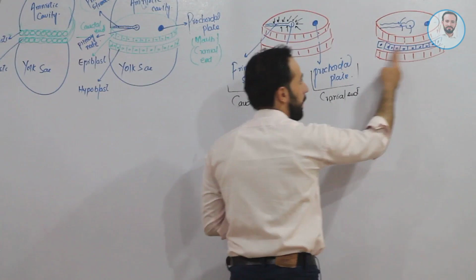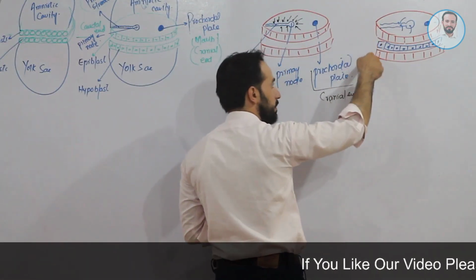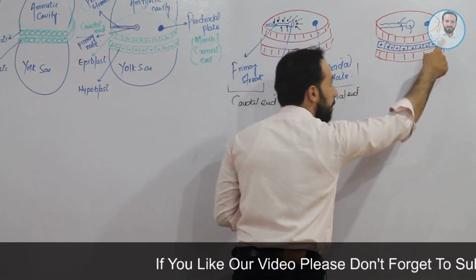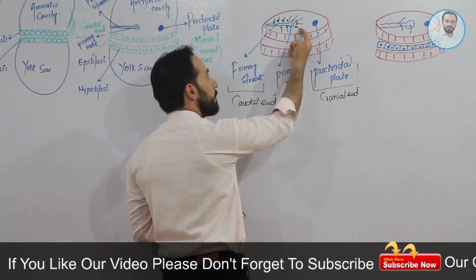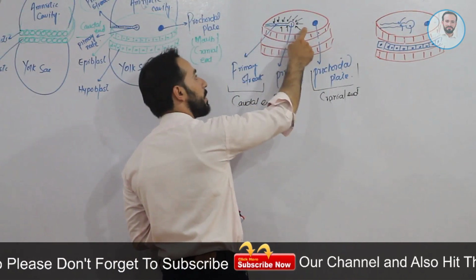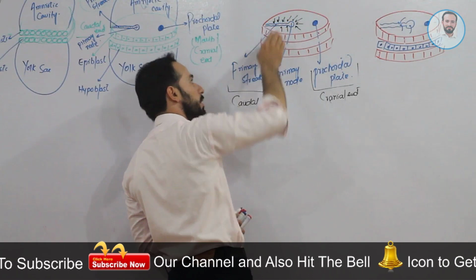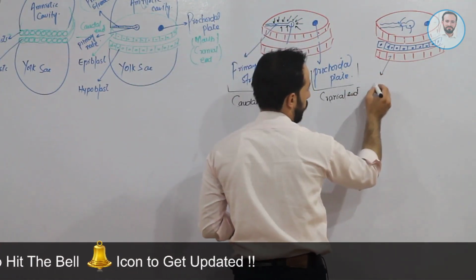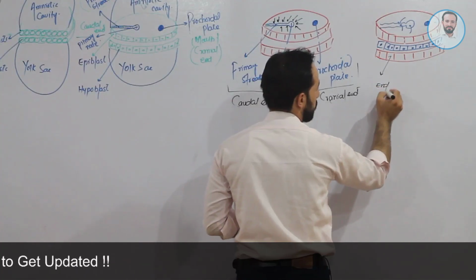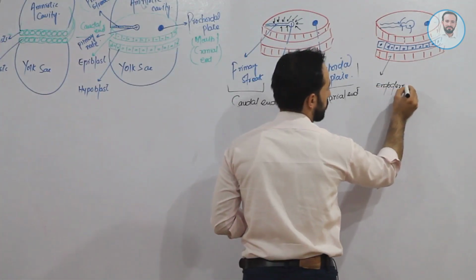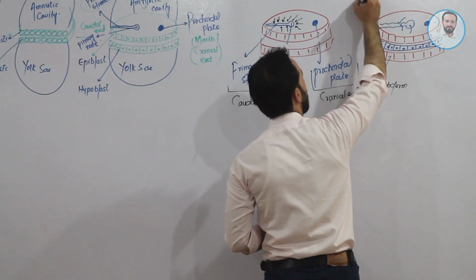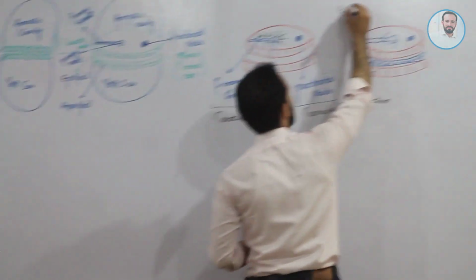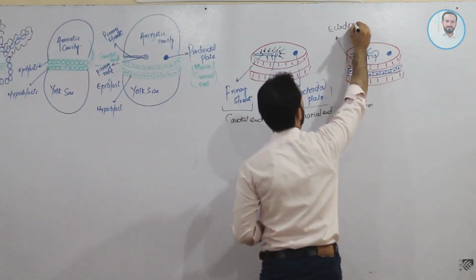This sandwich layer in between the epiblast and hypoblast has appeared because of the division of these epiblast cells which have gone below the epiblast layer, right? So now this layer is called the endoderm. This layer is called the ectoderm, right?